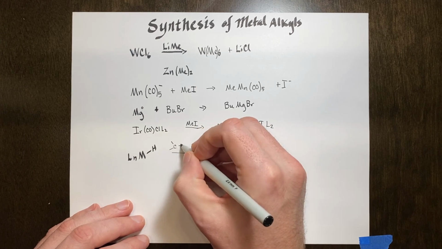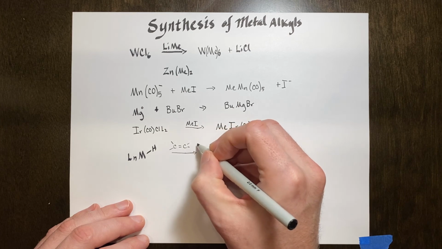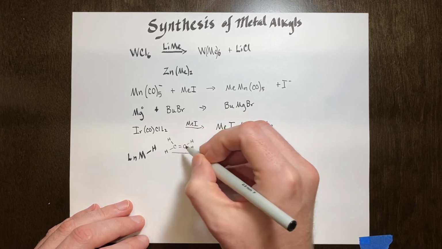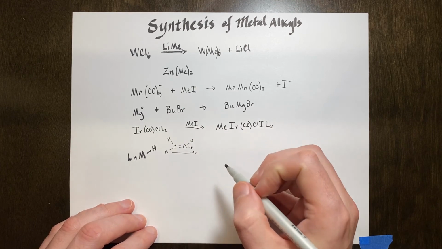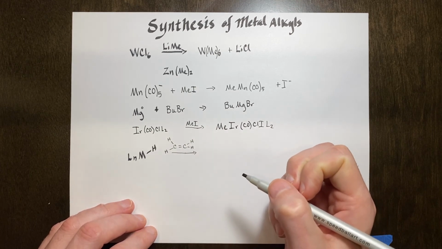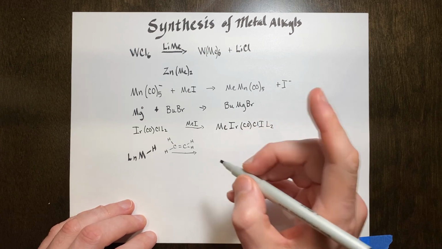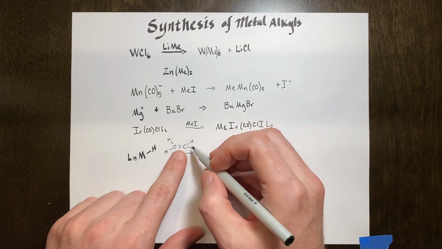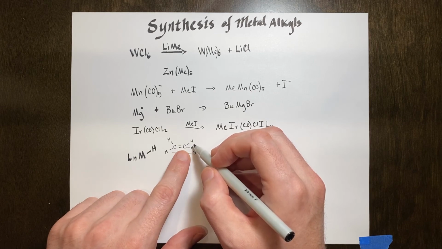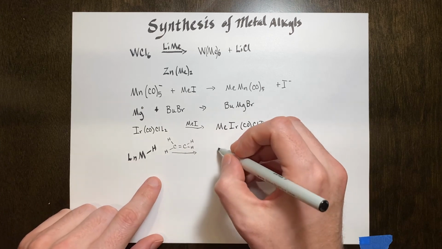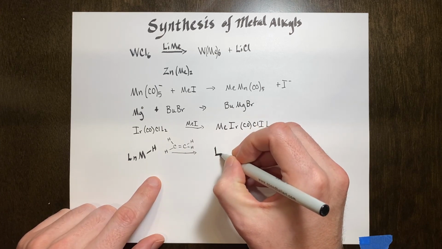So I'll just use the simple alkene here of ethene, and then we take that, which I guess I've written fairly lightly on there. And what this will do is the reverse of the beta hydride elimination, and we'll end up with this.